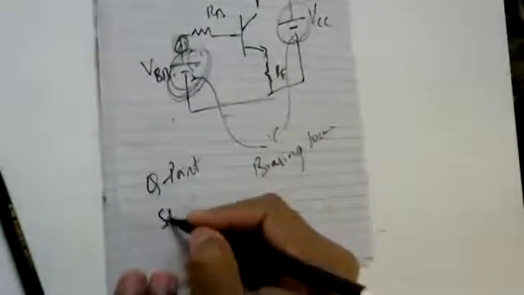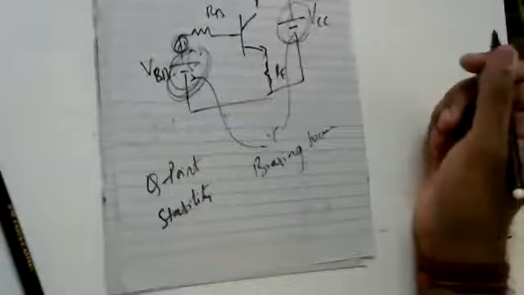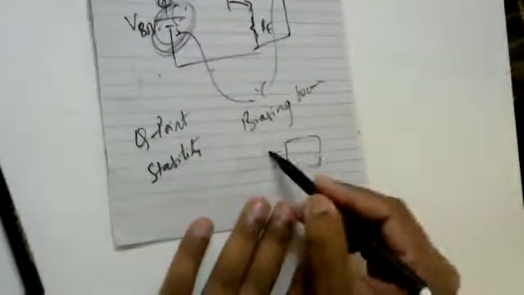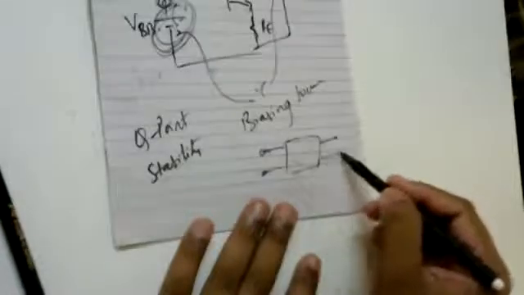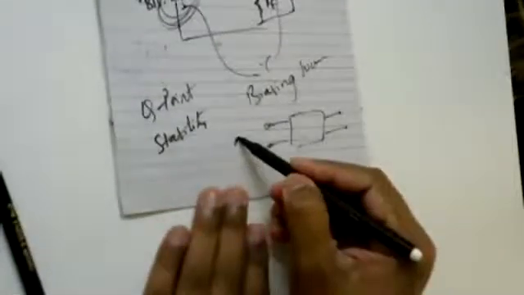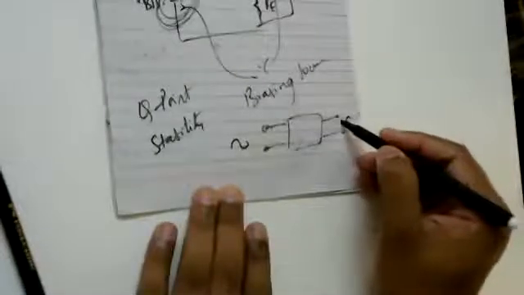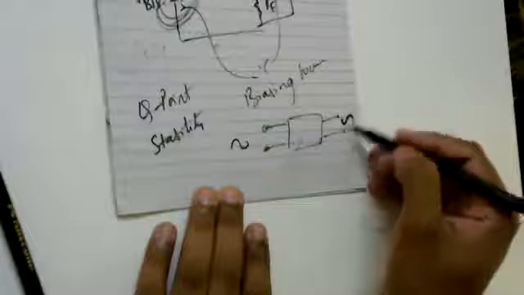Something about the Q point and the stability factor. I hope you remember my classroom session, the first class on analog circuits, wherein we worked on how a transistor works like an amplifier. I interacted with you for two classes about a black box with a two-port circuit: whenever I apply any signal on the input side, the output has a good voltage swing along with some phase shift.